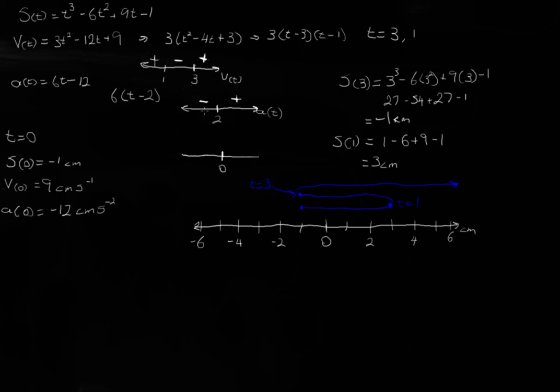So if we look back to our sine diagrams here, we can see that they have the same sign in this region here between 1 and 3. It's negative. Under or equal to 2, it's also negative. So we can say that the speed is increasing when t is between 1 and 2.